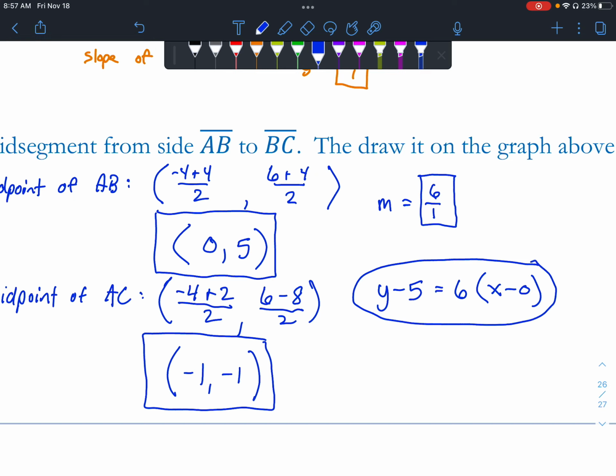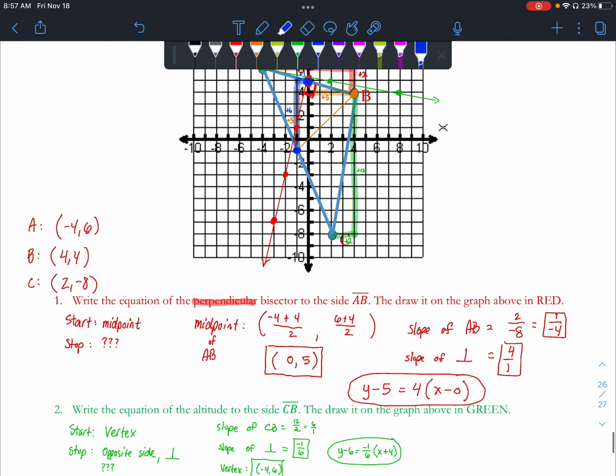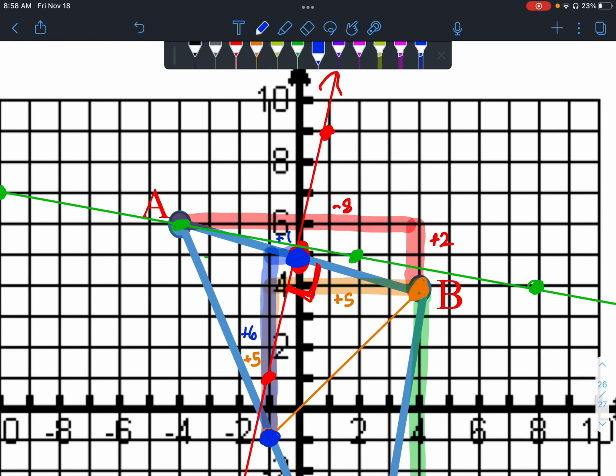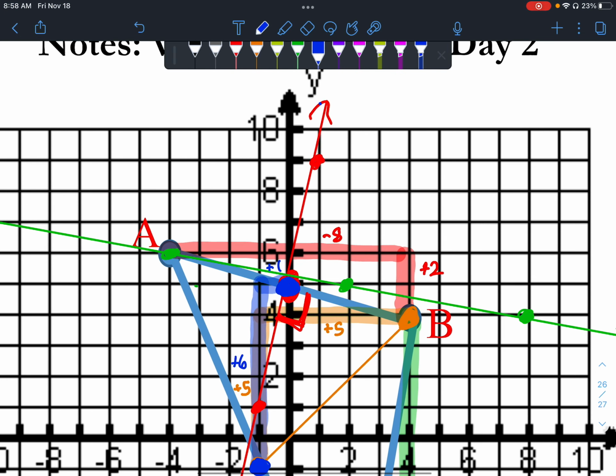We now have that, and sometimes it's nice just to double check your work. The way that I double check it is if I start at one of these coordinate points, let's say we just start at this one, and I follow the slope that I have here, I should be drawing something that looks like a mid segment. So if I start at point 0, 5, and I draw from here, I go up 1, 2, 3, 4, 5, 6 over 1 would be somewhere right here.